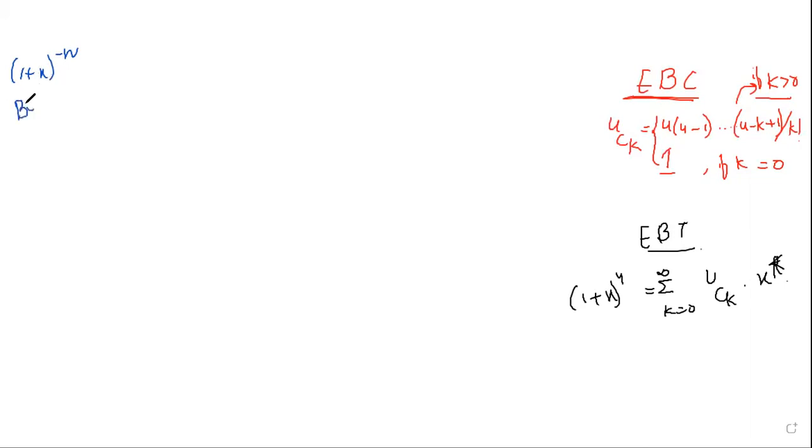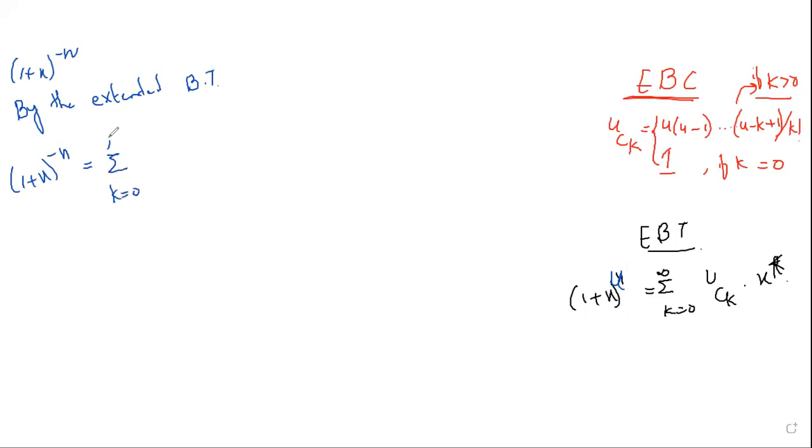So by the extended binomial theorem, we can write (1 plus x) whole power minus n as follows. Instead of u, we are taking minus n. So what should be written?